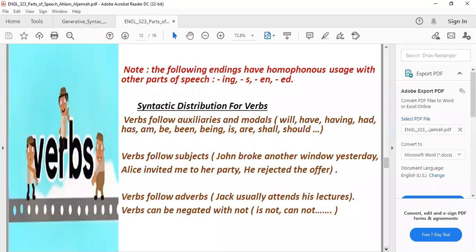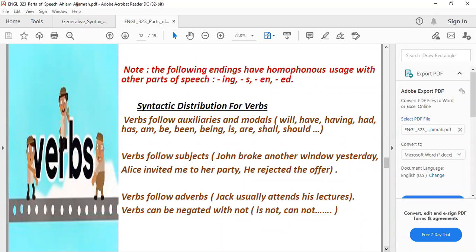Alice is the subject. Invited, notice, guys, ends with the suffix ed, as we mentioned. Ed is for verbs, okay? So invited is a verb. Me is the direct object, and to her party is the prepositional phrase.